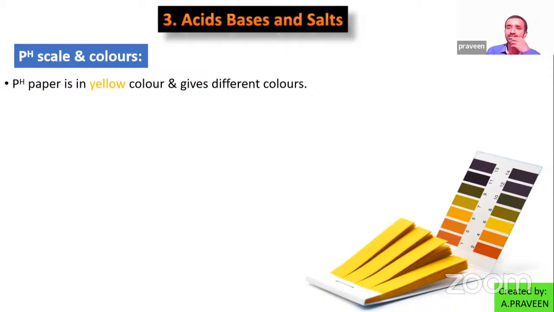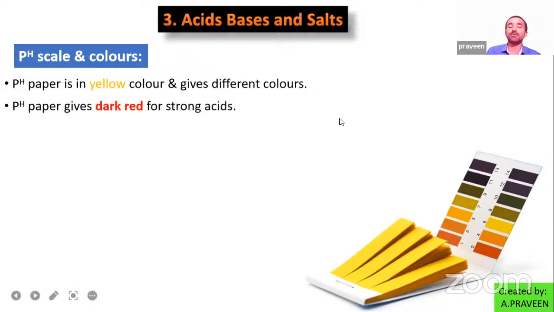So what is the nature? Neutral. Or you observed red in color, then we can decide the nature of the substance is acidic. So pH paper gives dark red color for strong acids. Red, orange, right, changes depending on the strength of the given solution.